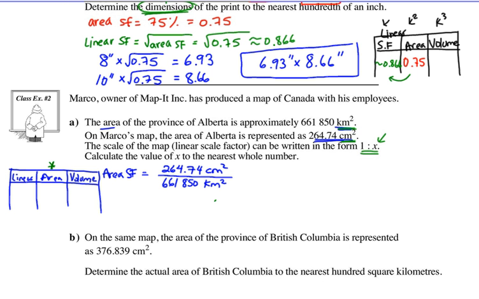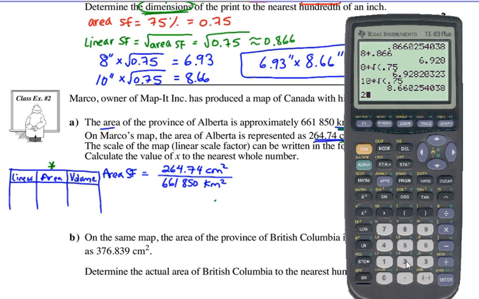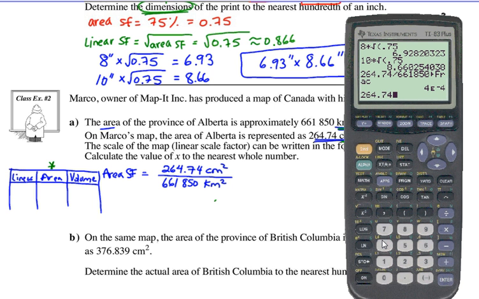Let's divide that and see what it gives us. 264.74 divided by 661,850. Let's see if it actually gives us a number. Here's a problem, right? It's not reducing the fraction for us. So I'm going to flip our fraction to see if the other number will divide into this one the other way around, and see if we can get 1 over a number.